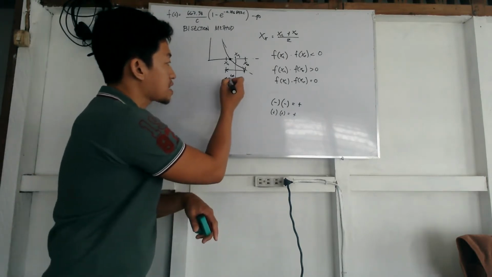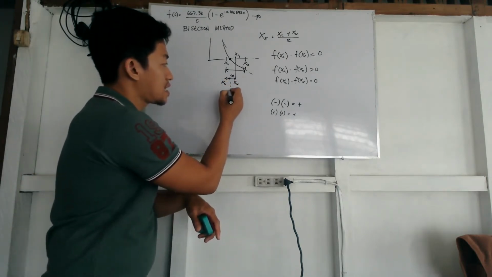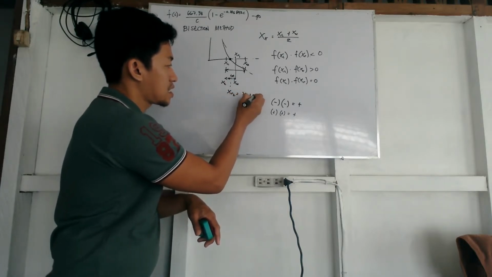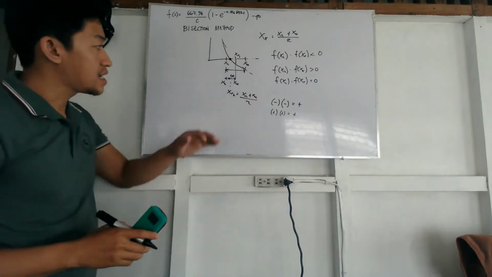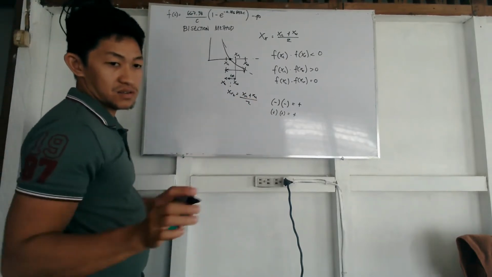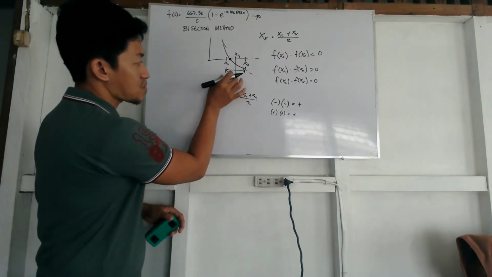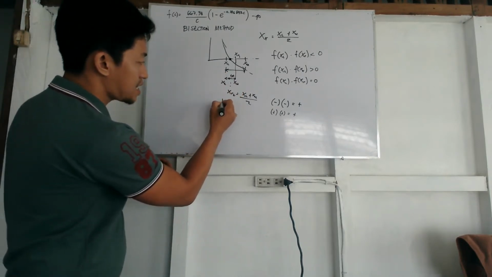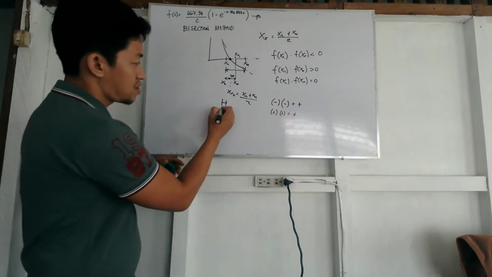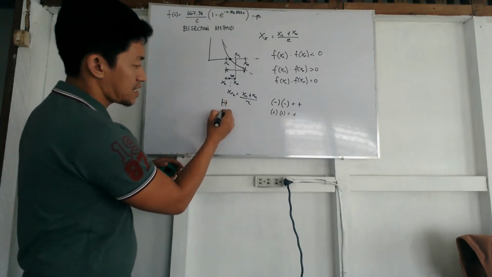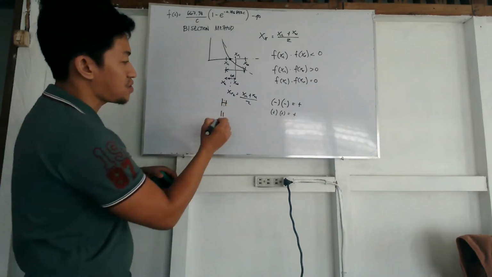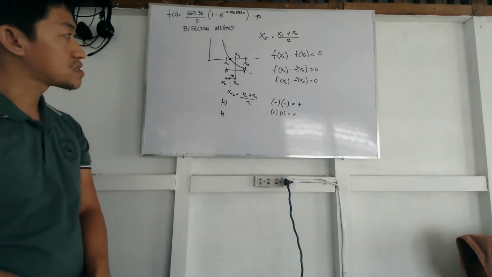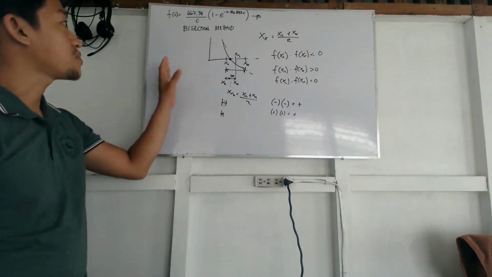Then assume that XR2 is in the middle, and you repeat until it becomes very small and you have pinpointed the root. So that is the concept of the bisection method.